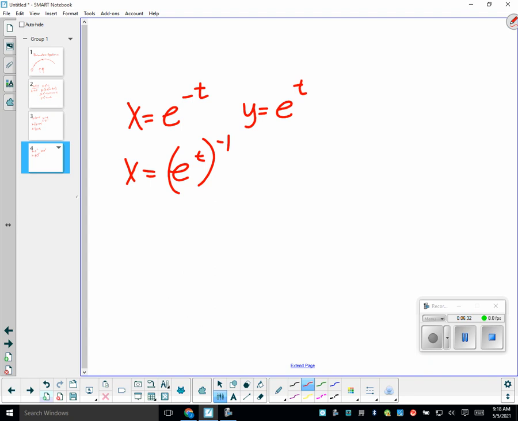Is that okay? I'm not finished. Are you okay with that? So, in place of e to the t, what can I put? So, x equals y to the negative 1. So what does x equal? 1 over y?